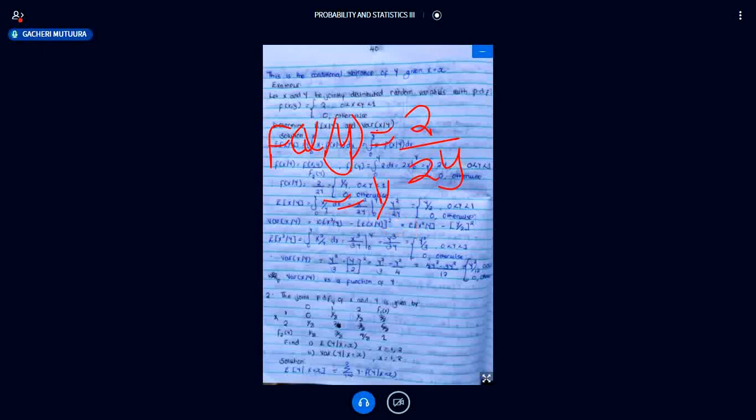Now, to obtain the expected value of x given y, we have to take the integral of x times f of x given y. F of x given y is 1 over y.